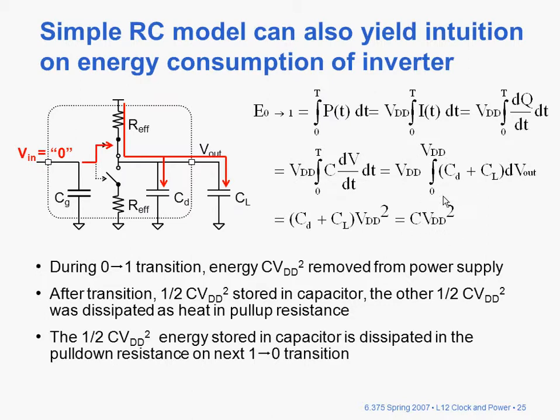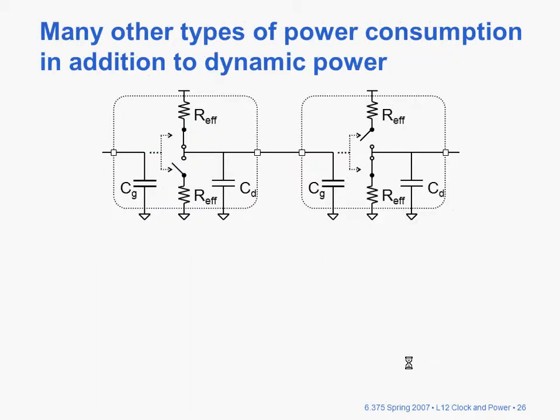We'd end up seeing that we have 1/2 CVDD squared. We know that 1/2 CVDD squared is stored on the capacitor, so that means half of the energy was dissipated as heat. The other 1/2 CVDD squared is dissipated when the pull-down resistor discharges that capacitor. That would be the 1 to 0 transition on the output.